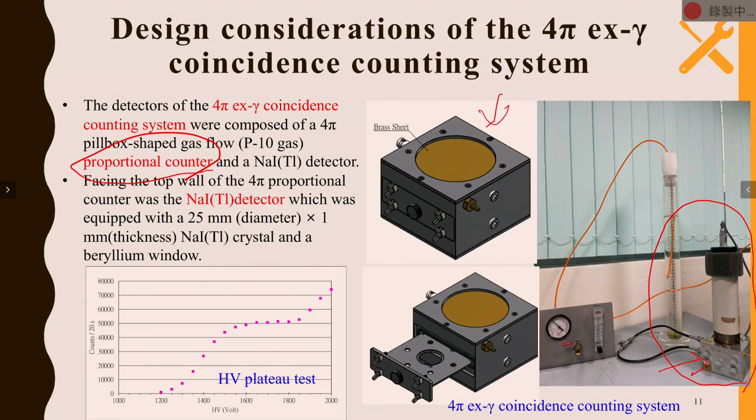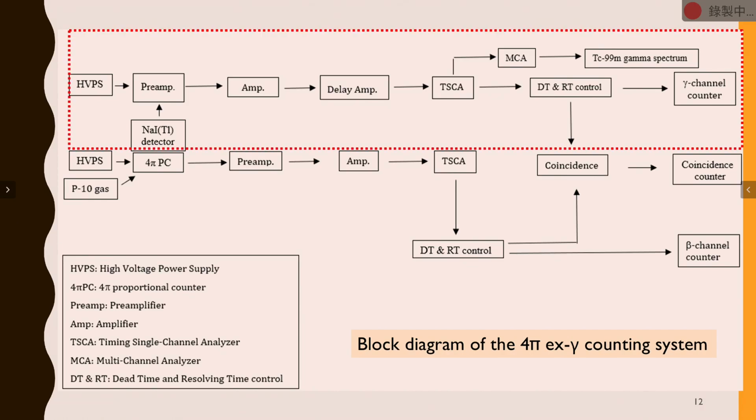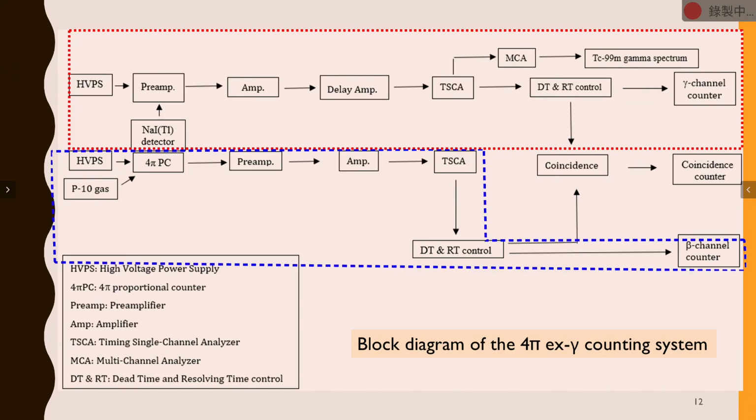And the other part of the system is the sodium iodide detector. It detects gamma rays. And this is the simplified block diagram of the counting system. This is the gamma detection side, and this is the beta detection side. Finally, after being synchronized through dead time and resolving time control, both gamma and beta signals feed into the coincidence unit.